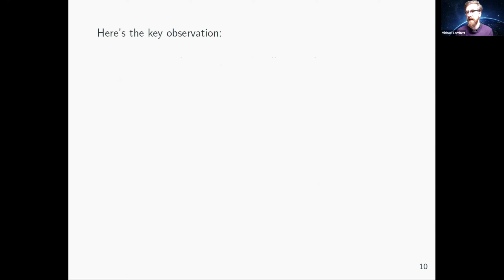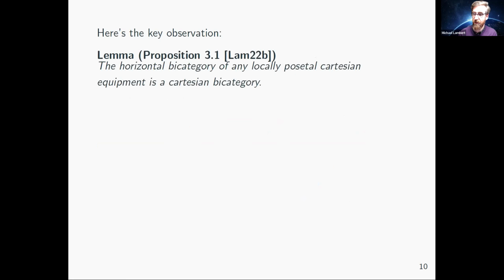It turns out that there is actually a key observation here that, to my knowledge, had not been made. And it's just that the horizontal bicategory of a locally posetal Cartesian equipment is actually a Cartesian bicategory. This is in the paper.